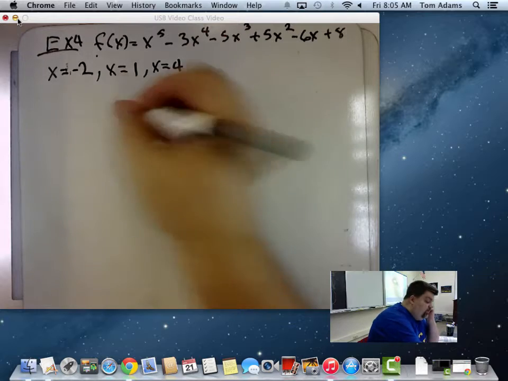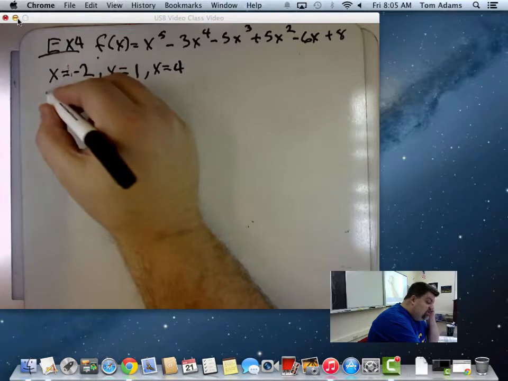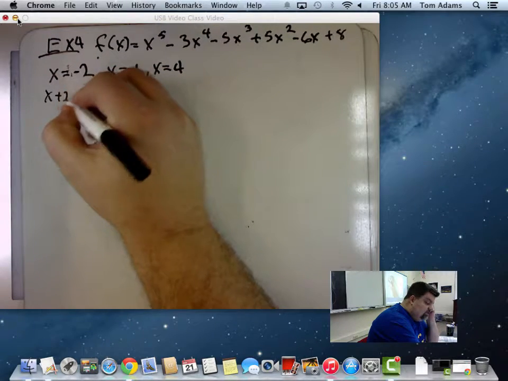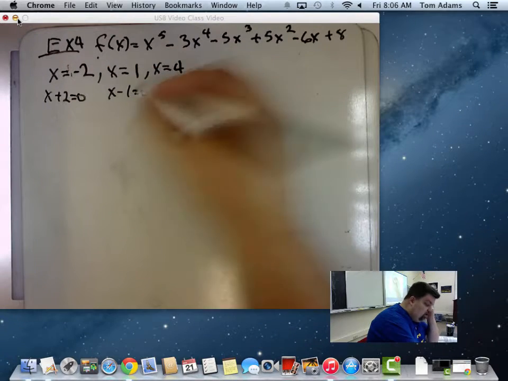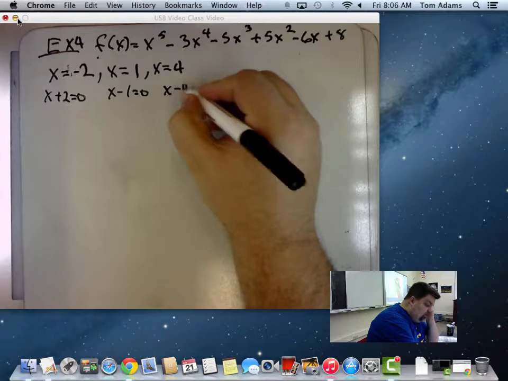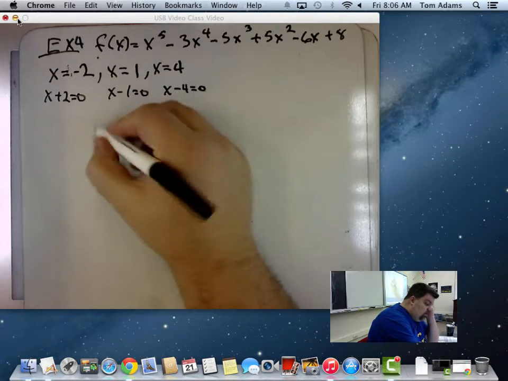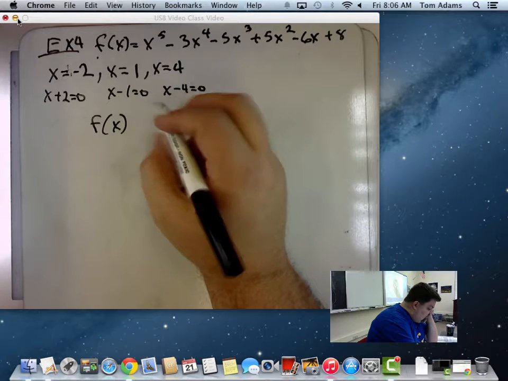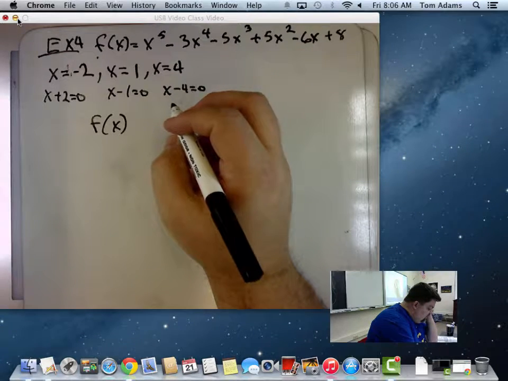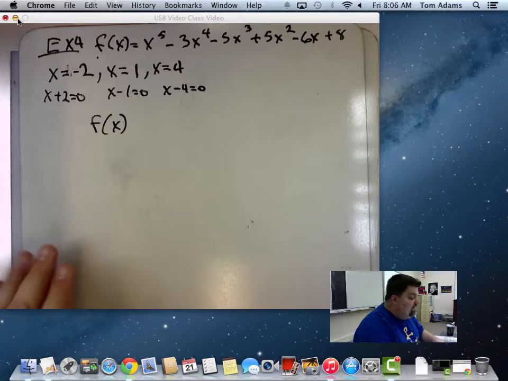Okay? So now, if I set every one of these equal to 0, I get x plus 2 equals 0, x minus 1 equals 0, and x minus 4 equals 0. So that means f of x has these three factors. But now I need to verify that.